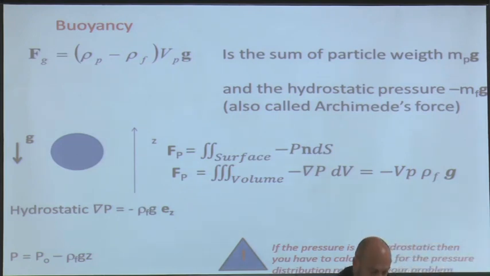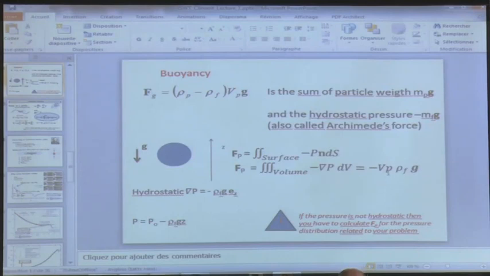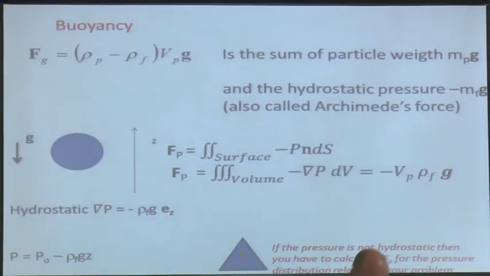So you pull out minus rho_f g from the integral, and then you have to do the integration of dV, and again it's the volume of the particle.